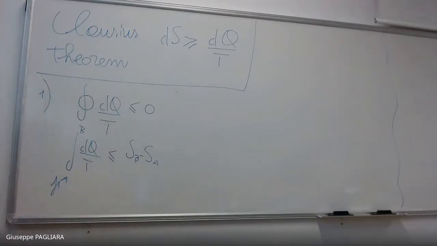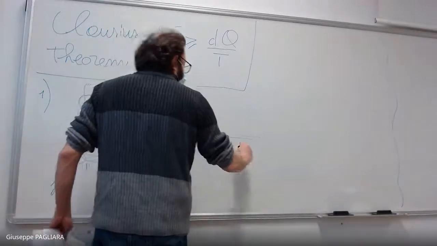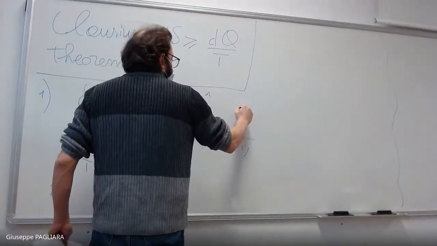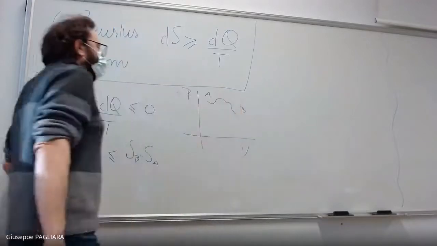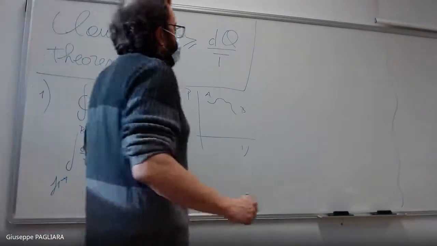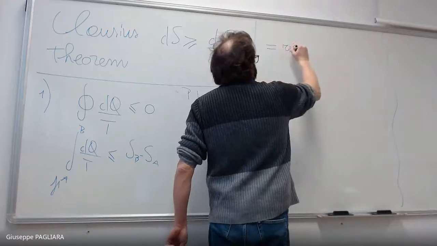Suppose that this is, for instance, the PV diagram, and I have a state A and state B, and I follow a certain path, and the theorem establishes this relation. Now, as I said last time, equality holds for reversible transformation.